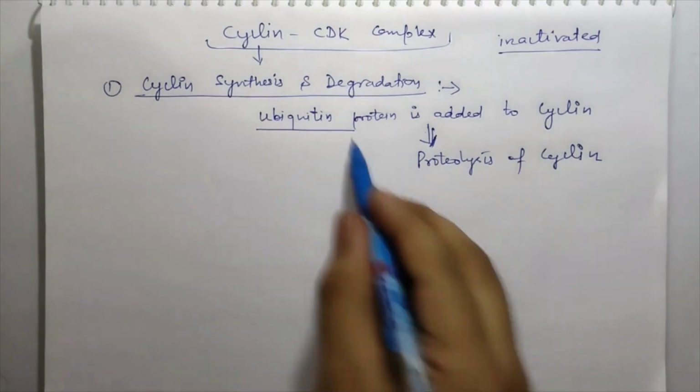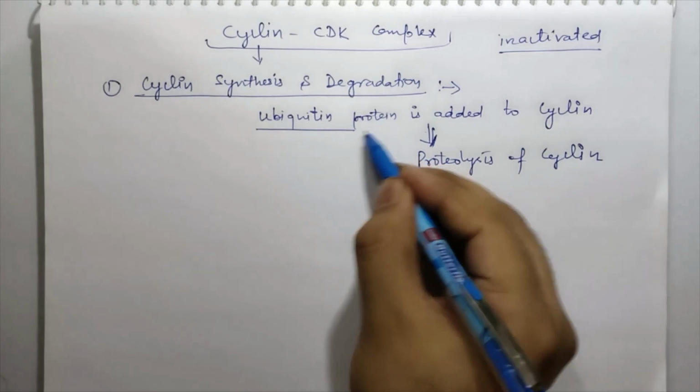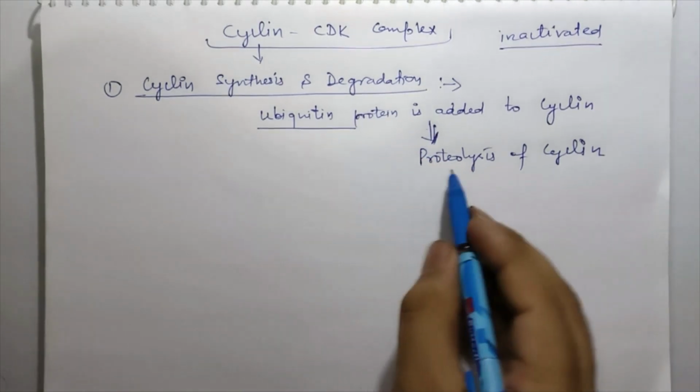This ubiquitin is added to cyclin by two major types of enzymes.